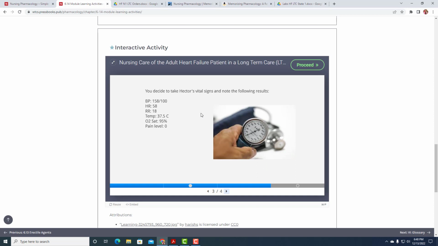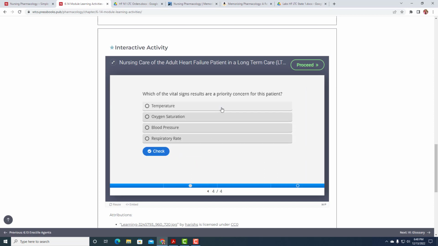We decided to take Hector's vital signs and note the following results: blood pressure 158/100, heart rate of 58, respiratory rate of 18, temperature 37.5 Celsius, oxygen saturation 95%, and pain level of 0. Which of the vital sign results are priority concern for this patient?